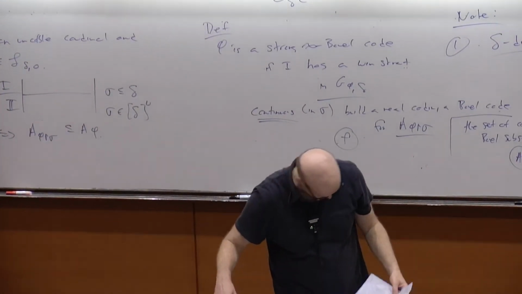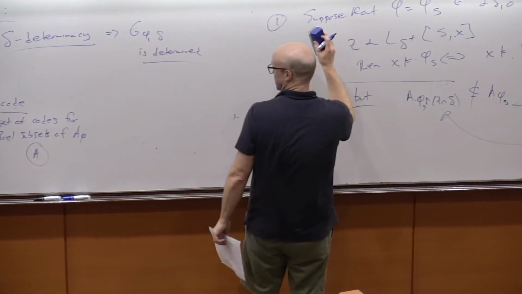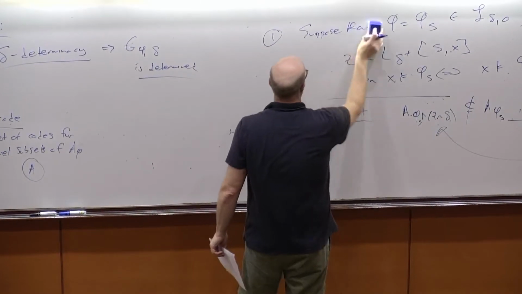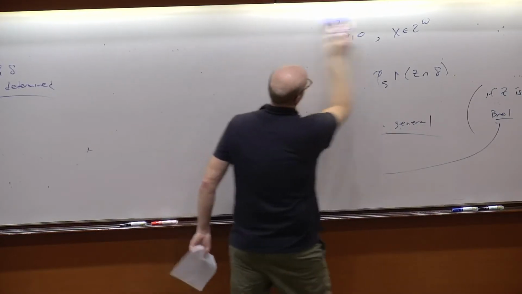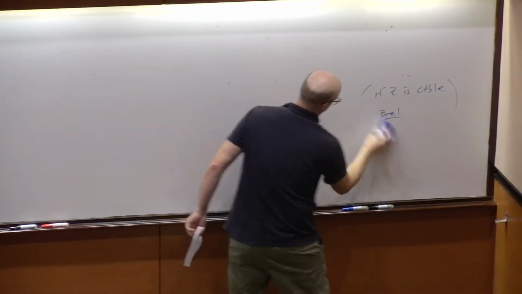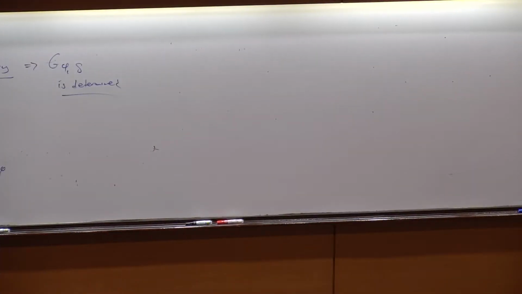The second observation, and the more important one, well, I guess they're both important. The more important one in the short run is that a set with a strong infinity Borel code is Suslin. I'm sure I wrote it somewhere. It is there.